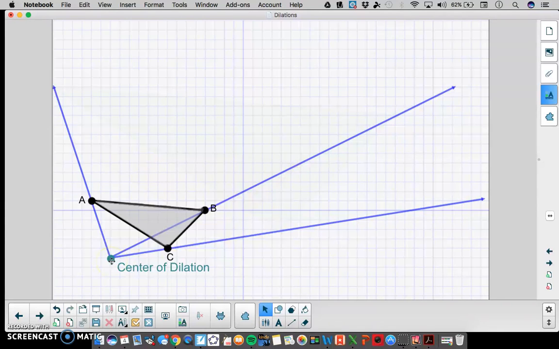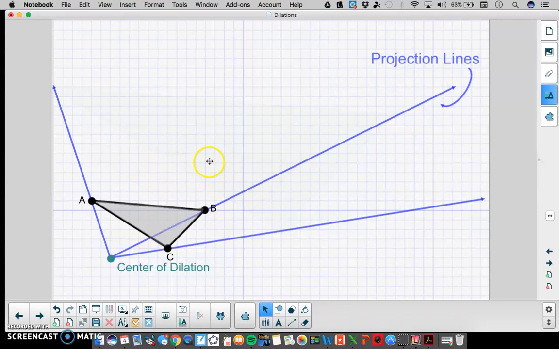So all my dilations are going to be projected out from this point. Now I've connected rays from my center of dilation through each one of the vertices of the triangle. So from this center, I've connected that ray through A, through B, and through C. And we actually call these projection lines. So these are the lines on which all of our dilation figures are going to have vertices.